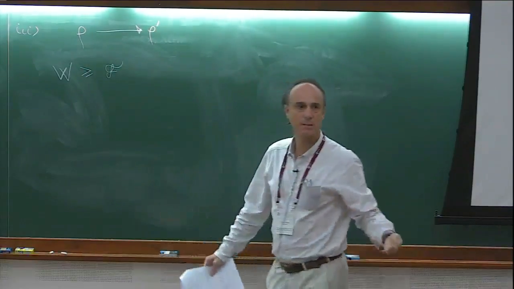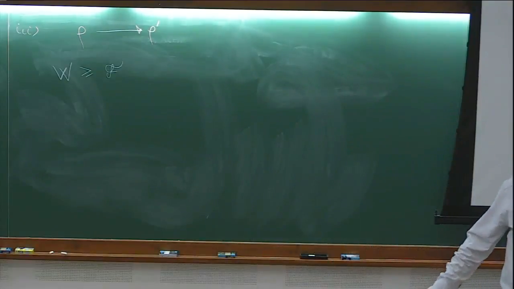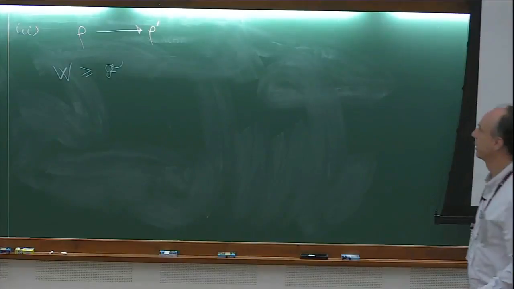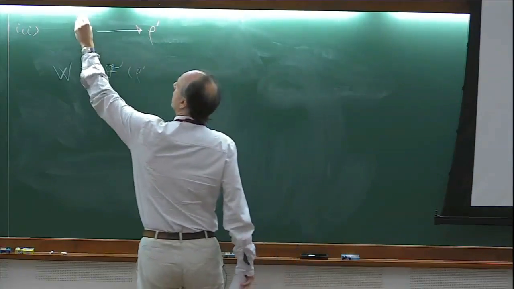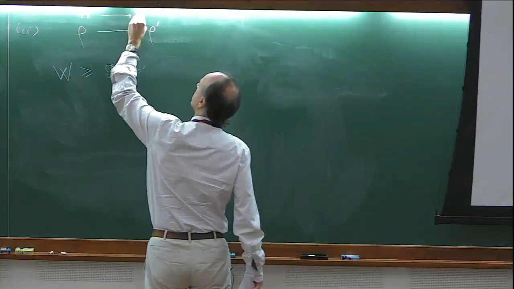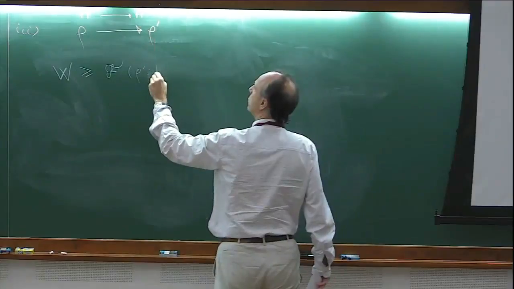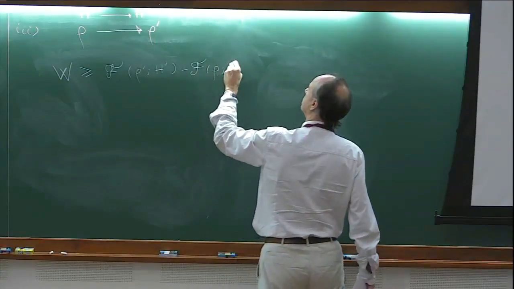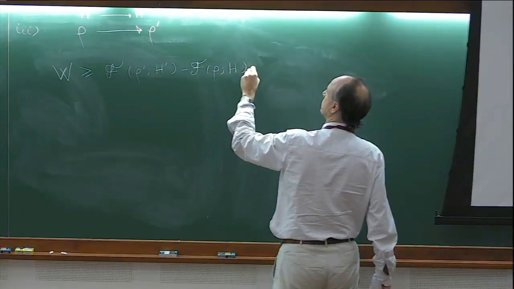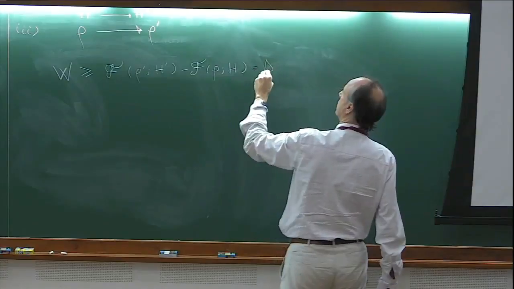It's the same as in equilibrium thermodynamics, but now I'm talking about how to connect systems which are in non-equilibrium. So this is rho prime. Of course, maybe I also have to change the Hamiltonian, and then this is equal to the increment of free energy. We will call this delta F.